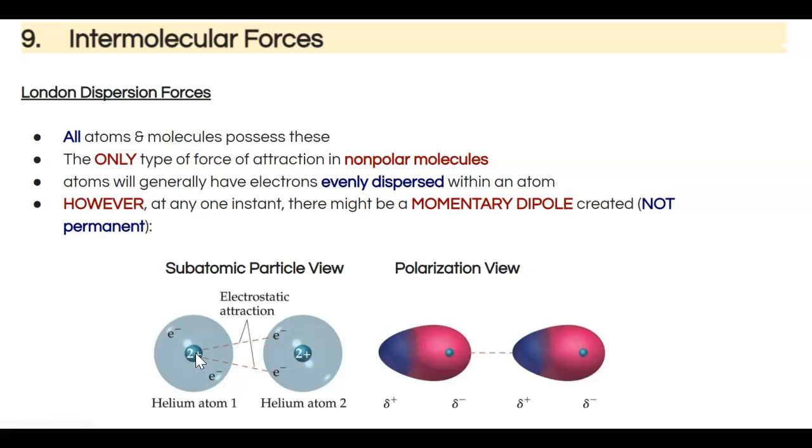So that doesn't last for any amount of time. It's called a momentary dipole because these electrons are not stuck in space. They're going to be moving around all the time.